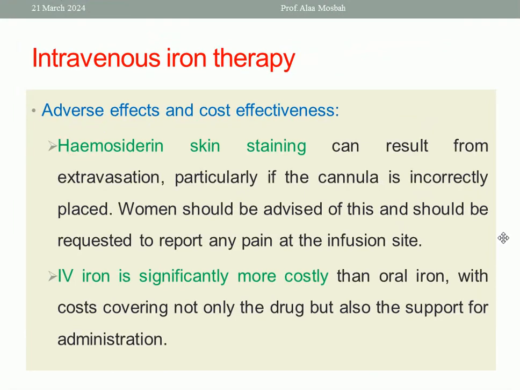Hemosiderin skin staining can result from extravasation, particularly if the cannula is incorrectly placed. So please, when you insert the cannula aiming to give infusion therapy for iron, insert the cannula properly and be careful, no extravasation of the fluid, because hemosiderin skin staining can result.